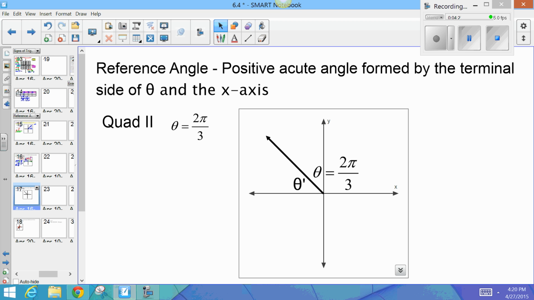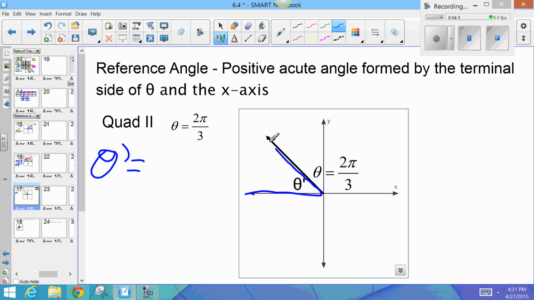Next problem. This one I designed for you guys to try by yourself. It is done exactly the same way as the previous problem. Pause the video, give it a try for yourself. I'll very quickly go over it in just a second. So my theta prime, again, in this case, is going to be the half circle pi subtract this red part.